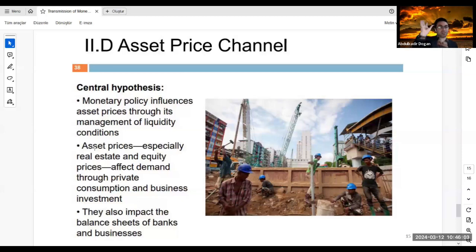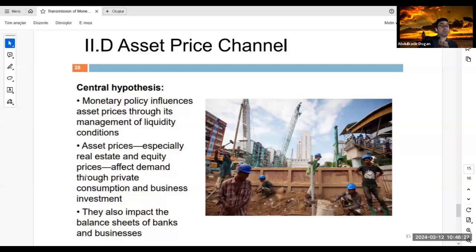These are all assets. And these prices can be directly affected via the liquidity channel in the market. Especially real estate and equity prices. Real estate is your houses, and the equities are the stock exchange, like Amazon, Apple, Microsoft in the Nasdaq.